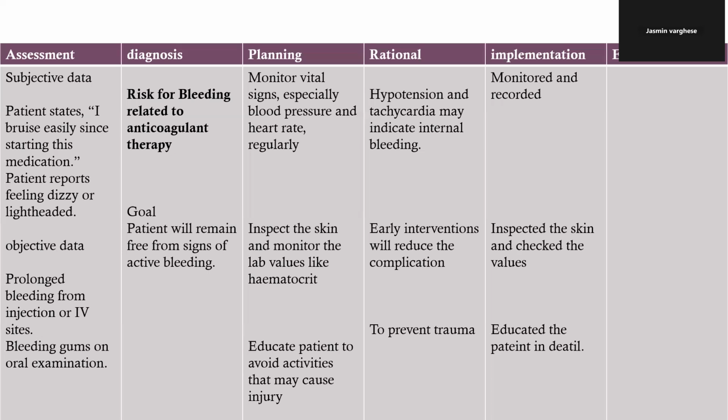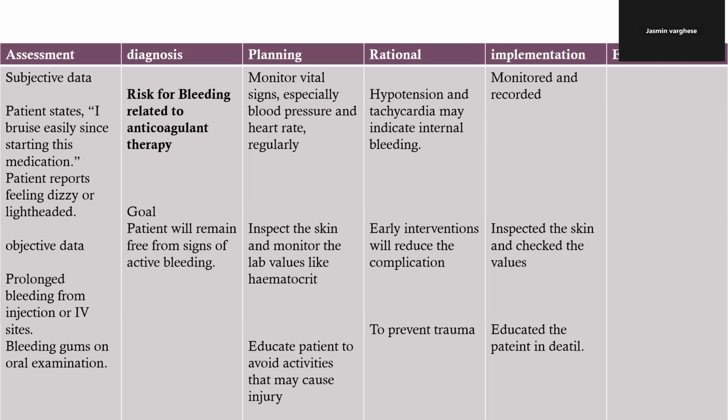Planning, monitor vital signs, especially blood pressure and heart rate, because hypotension and tachycardia may indicate internal bleeding. Then monitored and recorded in implementation. The next planning, inspect the skin and monitor the lab values, to reduce the complications. Inspected the skin and check the lab values.